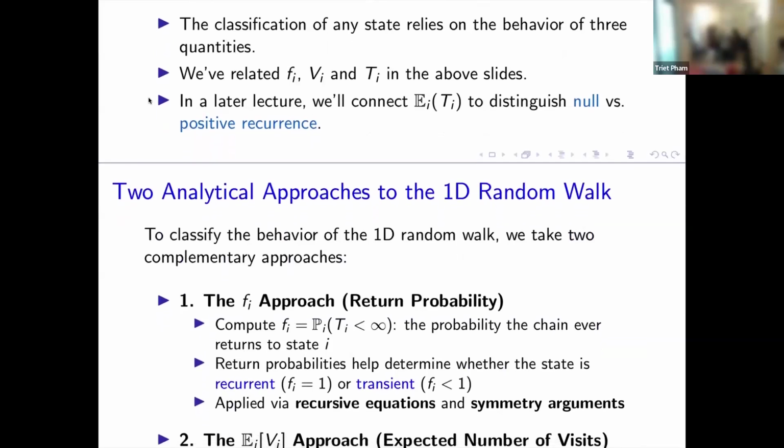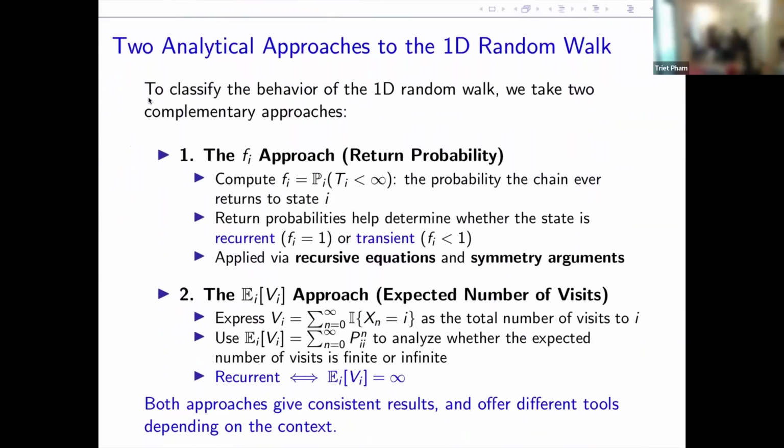Namely what? For the return probability, we will show that the return probability is 1 when p equals 1/2, and less than 1 when p is not 1/2.